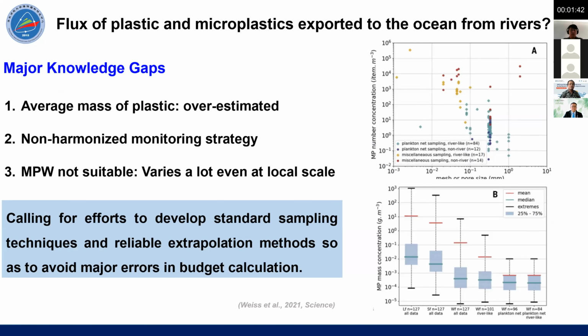Besides, a lot of these programs focus mainly on marine plastic, although some also have some parts about rivers, but the majority of them are about the ocean. So this is a largely missing part in the global citizen science program on the plastic issue.